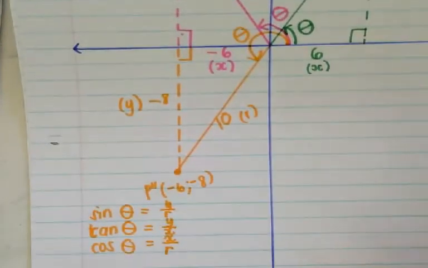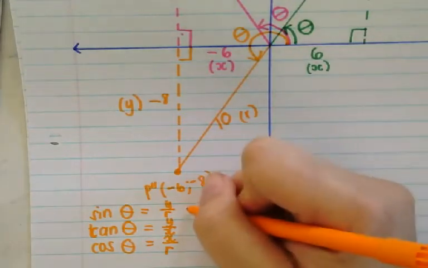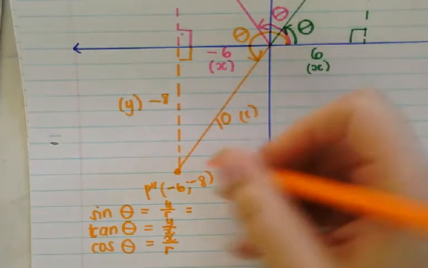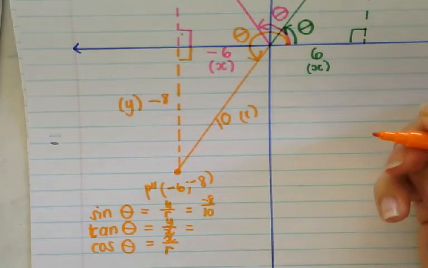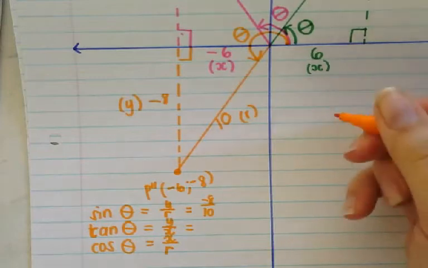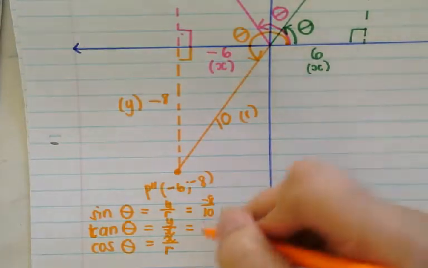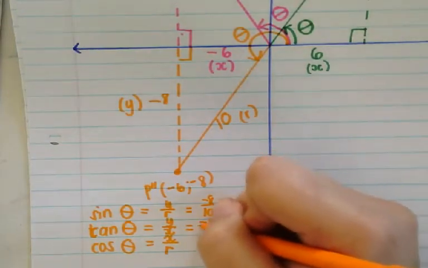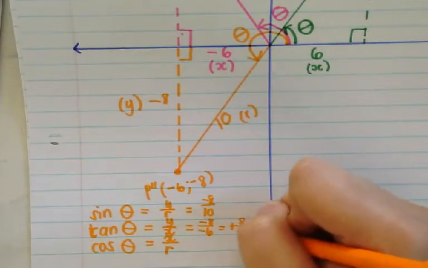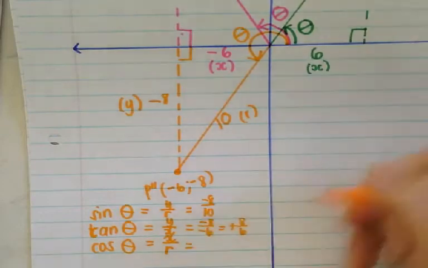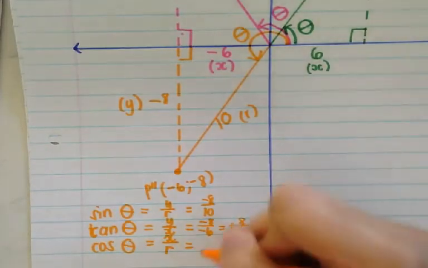So my ratios still have not changed. It is still y over r, y over x, and x over r. Let's put in those numbers. Y is negative 8, r is positive 10. Tan, I have negative 8 over negative 6, which is positive 8 over 6. And cos, I have negative 6 over positive 10.